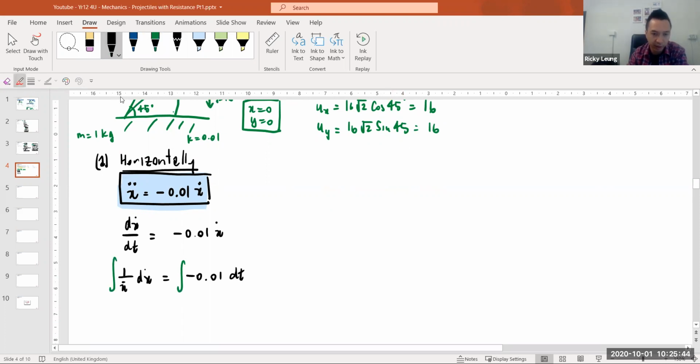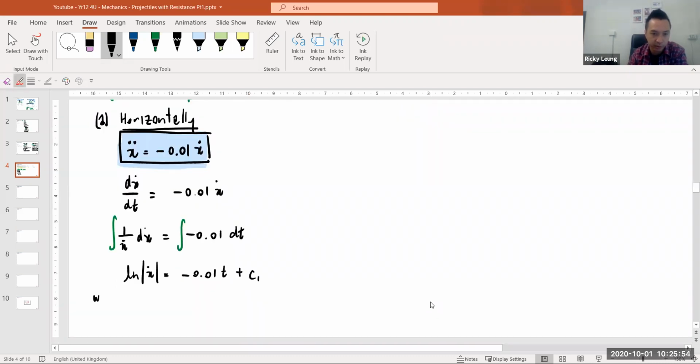And I get ln of this guy equals negative 0.01 t plus c1. Yeah, subbing my initial conditions. So when t is 0, initial velocity is 16. So sub 16 there, that's gone. So c1 equals ln of 16.